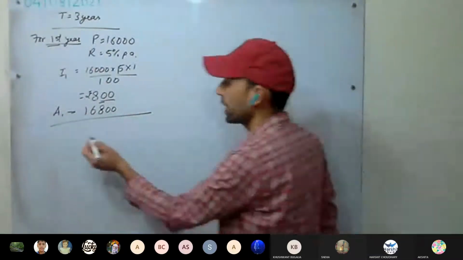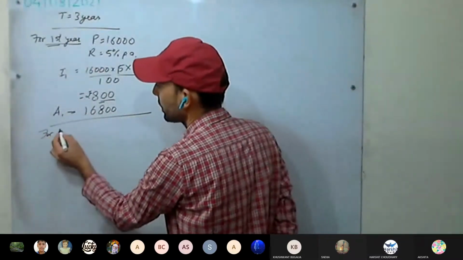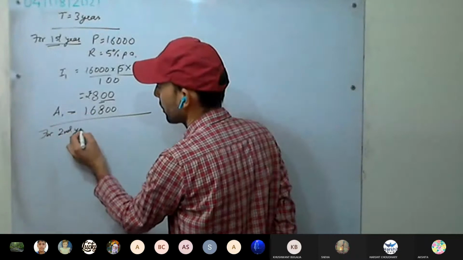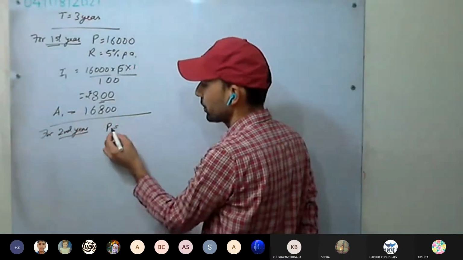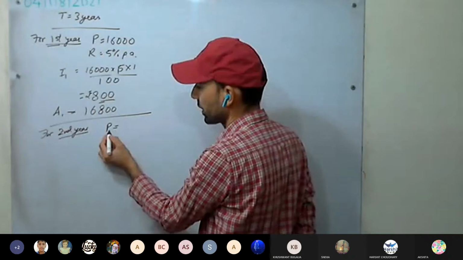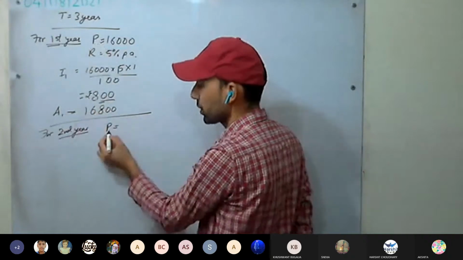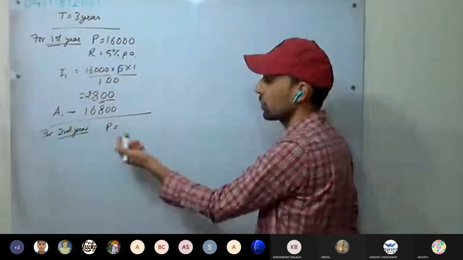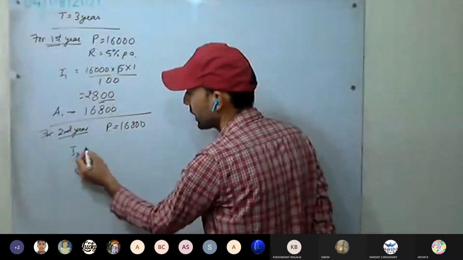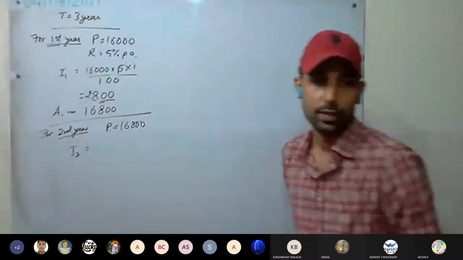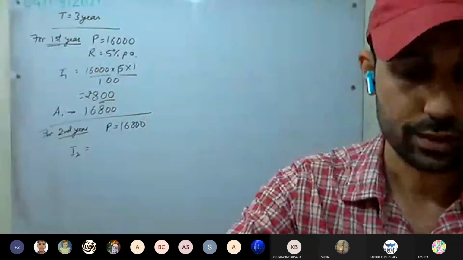Calculate for the second year. This time, the principal will be the amount from the first year. You can write P1, P2 like this as well, or we have separated them, so no issues. Principal is 16,800. Calculate I2 and tell me. Rate is the same. Everyone calculate and let me know.